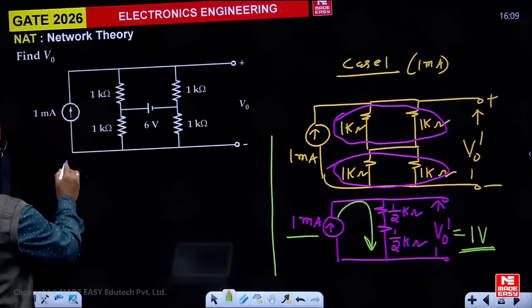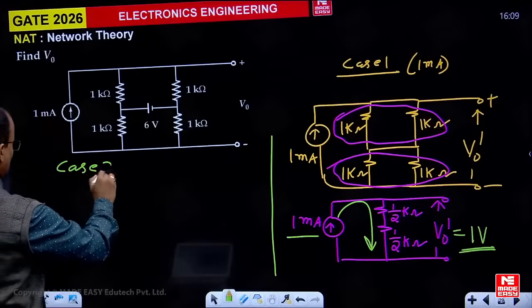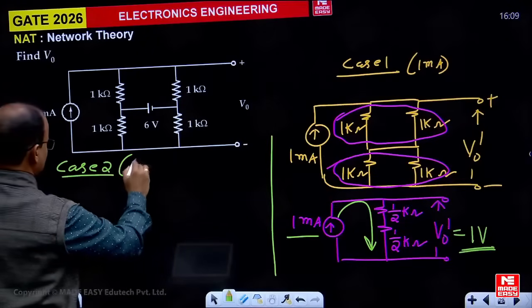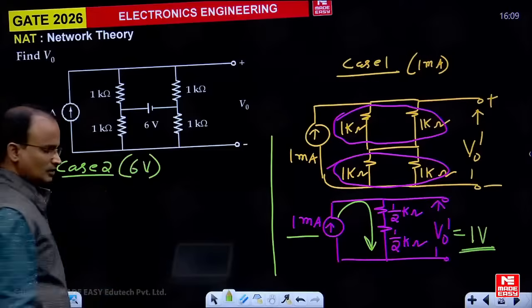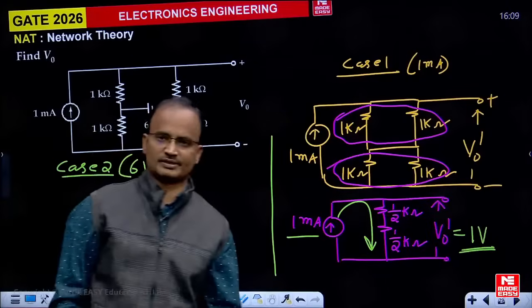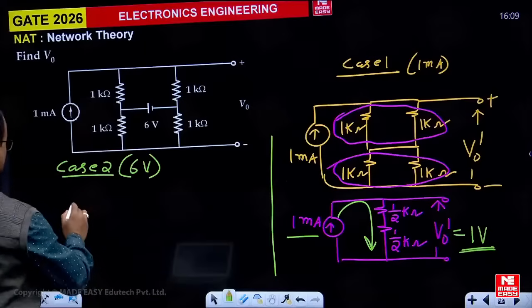Come to the second case. In case 2, let us activate the voltage source. When the voltage source is activated, the current source becomes an open circuit.